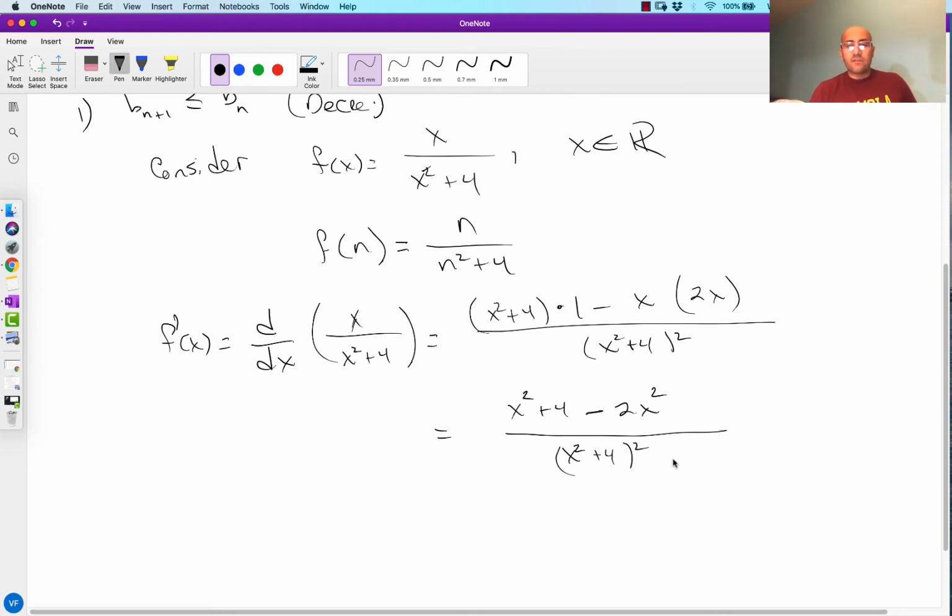Remember, our goal is simply to figure out for what values of x this is negative. Well, the denominator is always positive, right? No matter what the input value, it's always going to be positive. So when is this thing negative? Whenever the numerator is negative, the whole derivative is going to be negative.